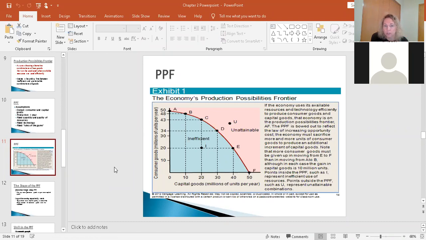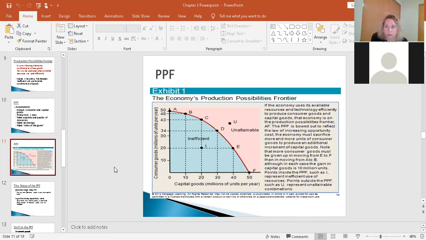So as we force ourselves from one extreme to the next on this PPF, it actually becomes more and more difficult for most economies to go from one extreme to the other because our resource supplies actually naturally are better suited towards one or the other. So economies typically don't operate at A or F because our combination of resources kind of helps drive us to that perfect point as close to our PPF as we can possibly get.